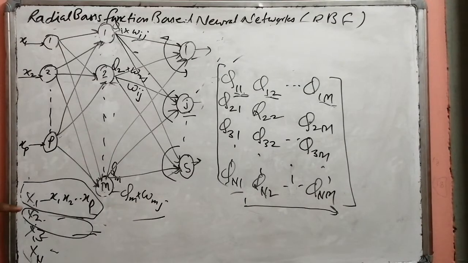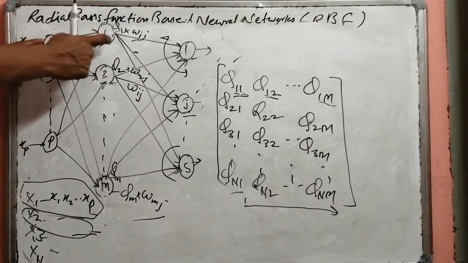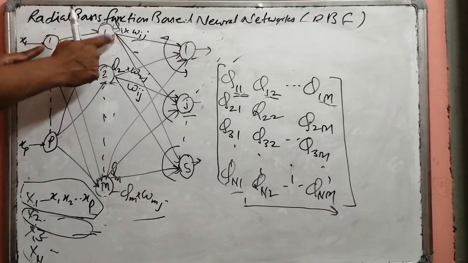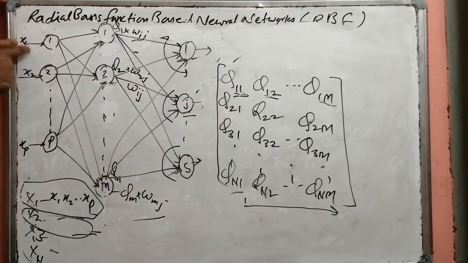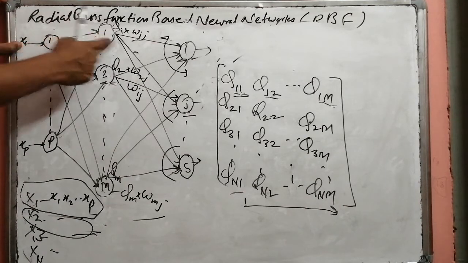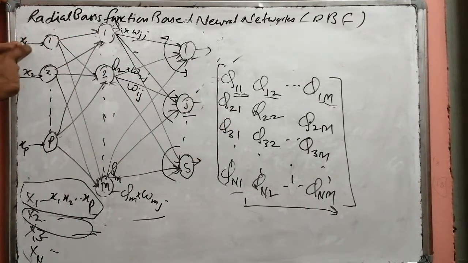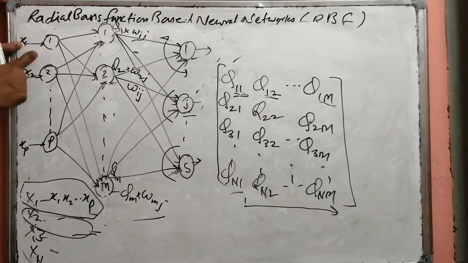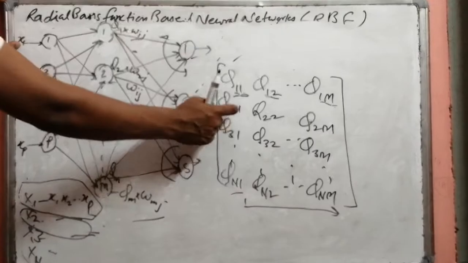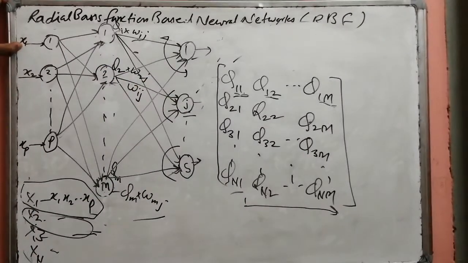Now pick up the second pattern, that is x2, and excite it at the input layer. So the features corresponding to the second pattern will be represented using phi 21. Second pattern neuron number 1 is given by phi 21, second pattern neuron number 2 is given by phi 22, and second pattern neuron number m is given by phi 2m.